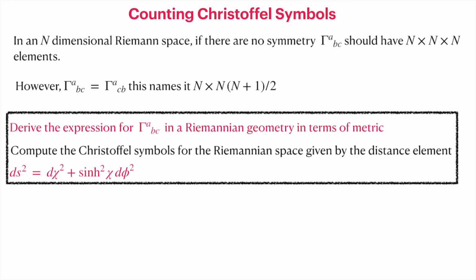Now this is again a two-dimensional space. You are supposed to do this using both the Lagrange equation of motion and explicitly using the expression for gamma in terms of the derivatives of the metric tensor, and then upload your answer on VLearn. Let me stop here and continue with the next lecture.